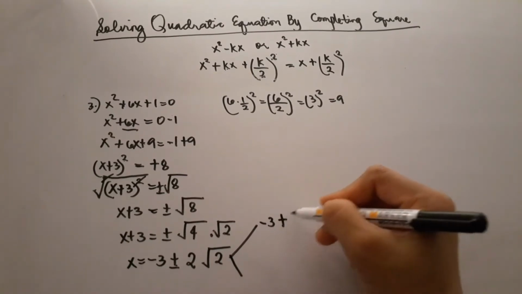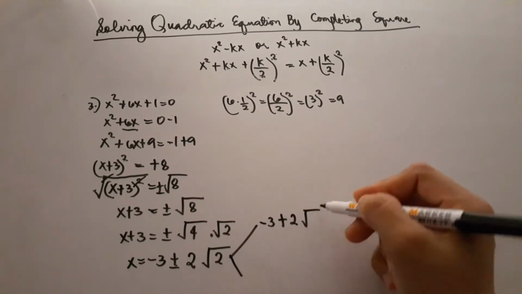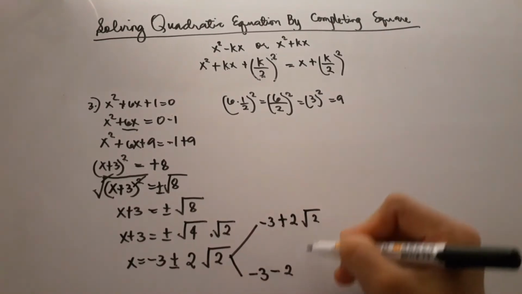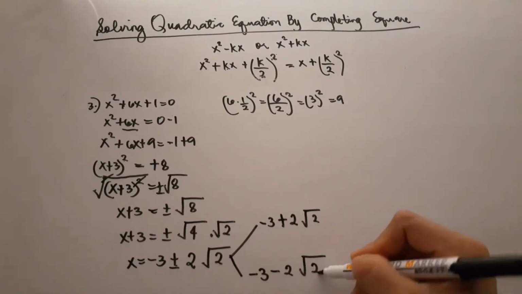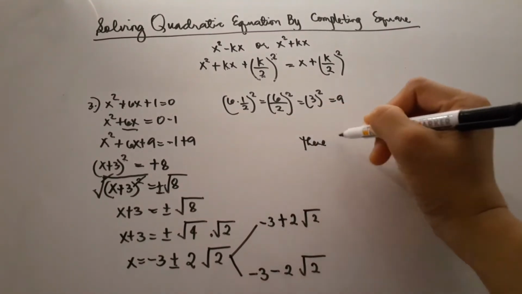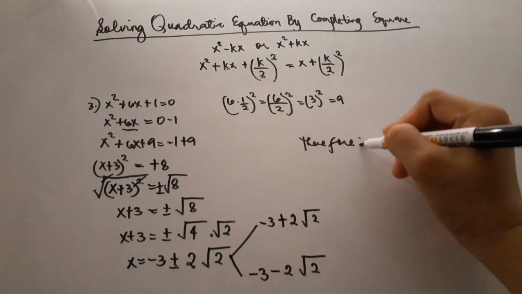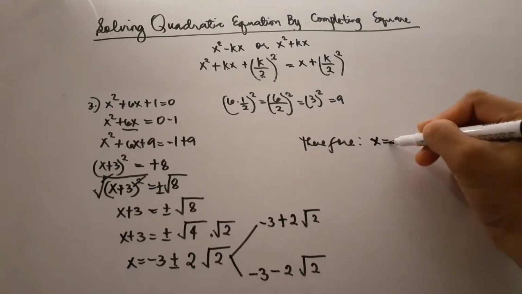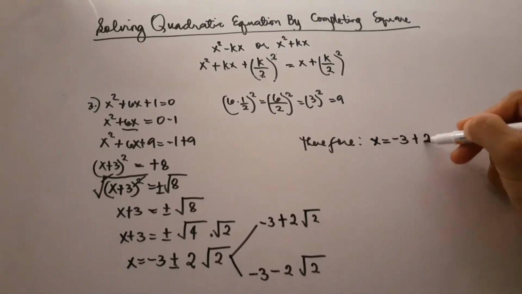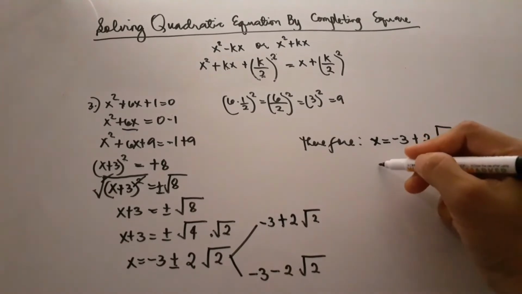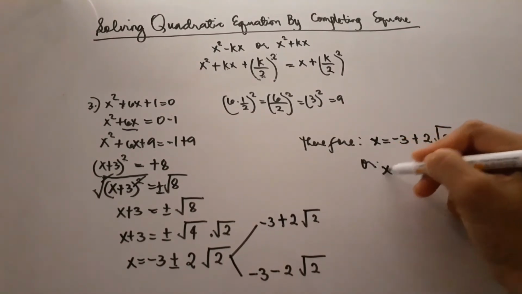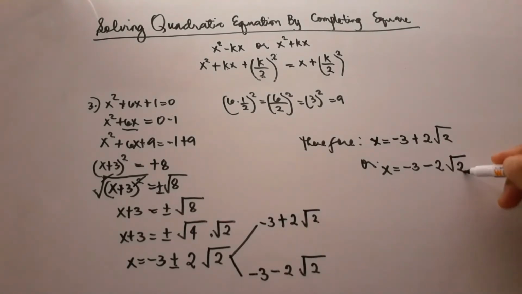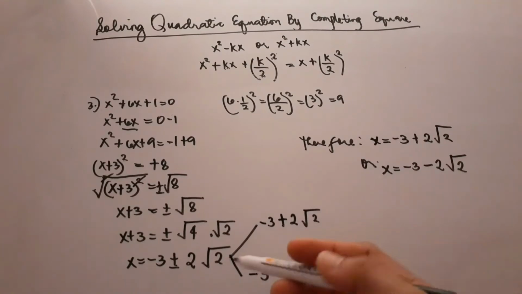Therefore, our x is -3 + 2 square root of 2 if it is positive, or x is equal to -3 - 2 square root of 2, and this is the answer.